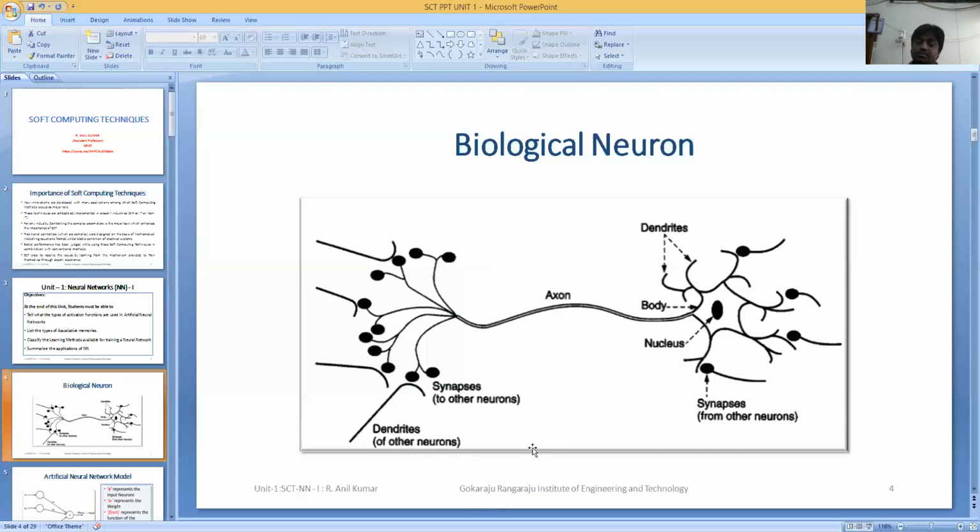Further, many cells in the nervous system are not classified as neurons, but instead are classified as glia.